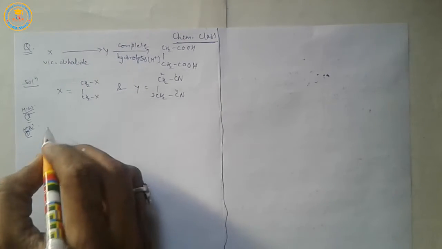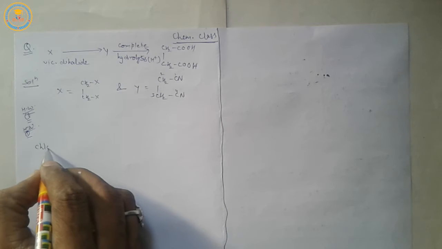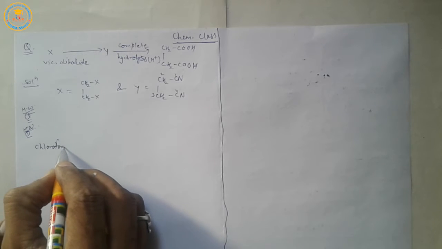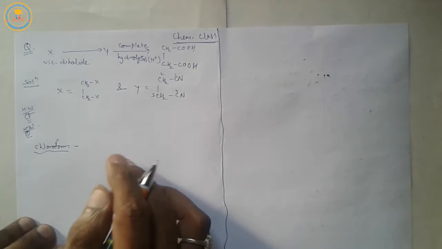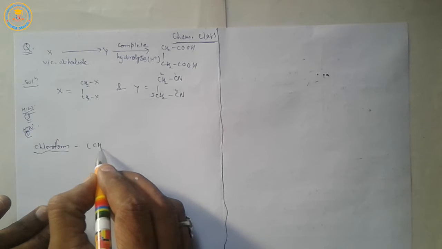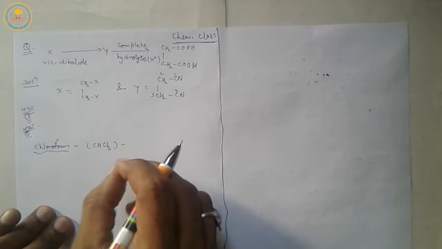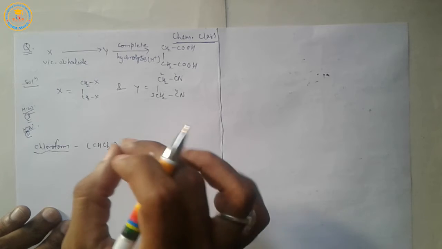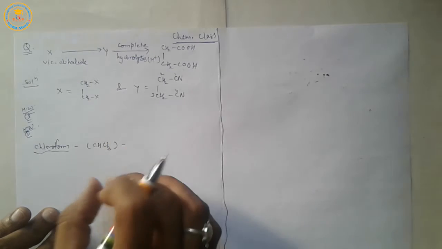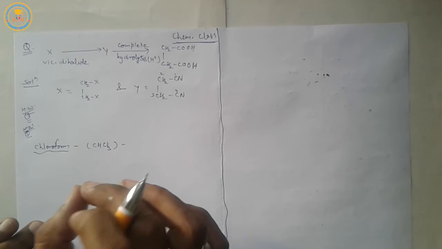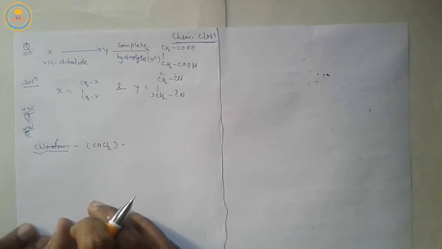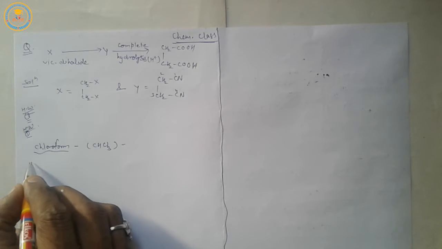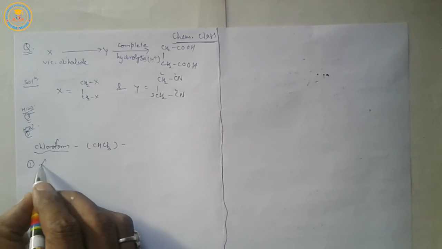Now the next point is chloroform. Its molecular formula is CHCl3. Write its IUPAC name in the comment box. First of all, we read the methods of preparation for chloroform. The first method is the laboratory method.